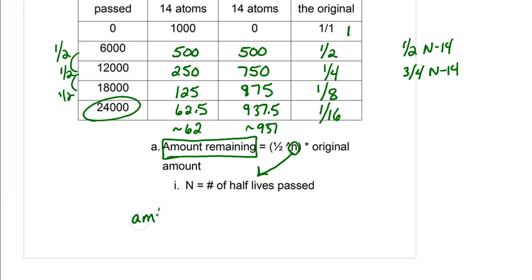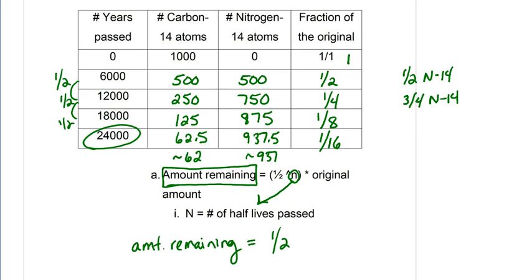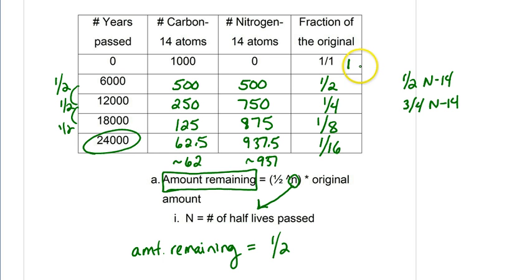So my amount remaining is going to equal 1/2 raised to the n. So how many half-lives occurred here? It would be 1, 2, 3, 4. So 4 half-lives occurred. So it would be 1/2 to the 4th, and my original amount was 1,000. So that is the amount of carbon-14 that I had originally.